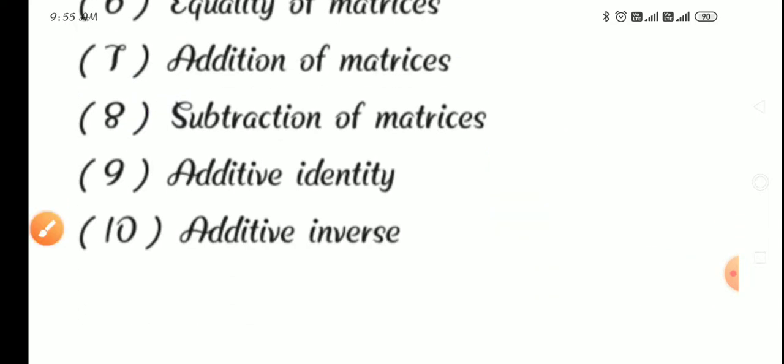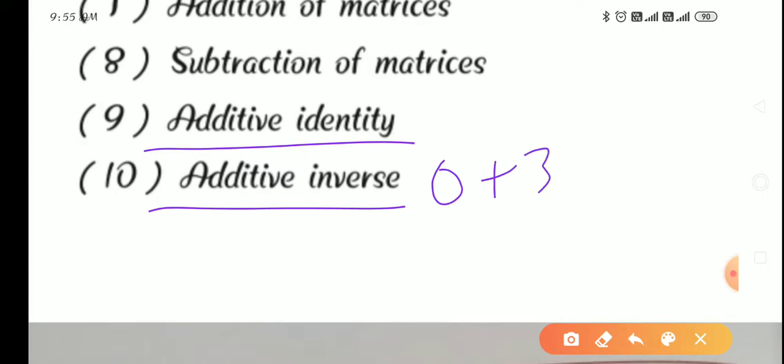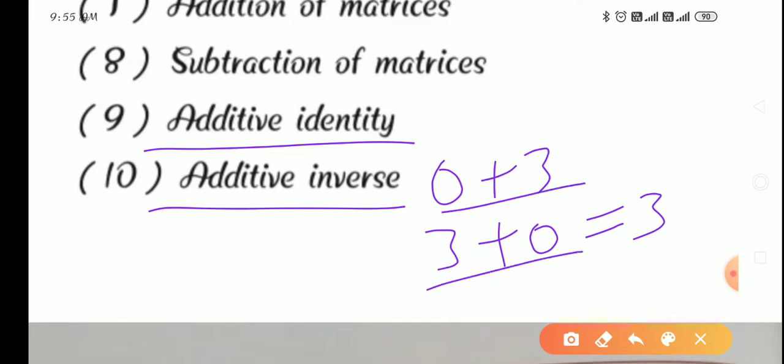Now the next point is coming, additive identity and additive inverse. You know, in the case of real numbers, what is the additive identity? If a number is added to 0, 0 plus 3, or 0 is added to a number, 3 plus 0, then the number is the same always, means the result is the same. 0 plus 3, 3 plus 0 is equal to 3.